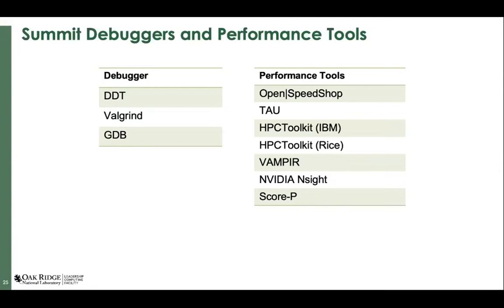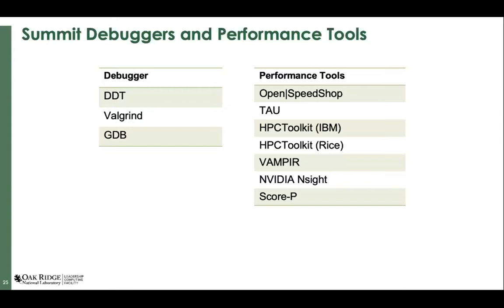On the performance tool side, there are a lot of specific ones provided by different groups, but I think the widely used and most appreciated one is NVIDIA Nsight. It provides developer tools for profiling any code that runs on NVIDIA GPUs specifically.